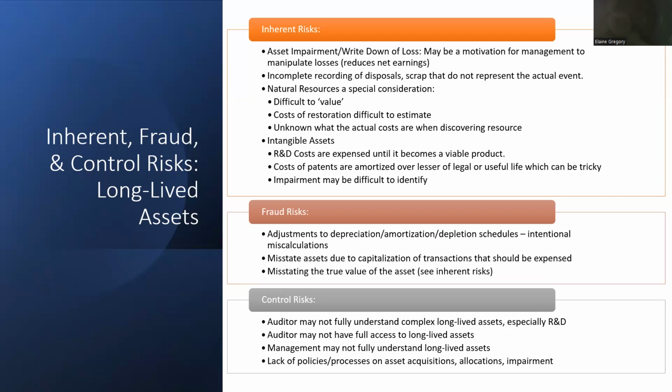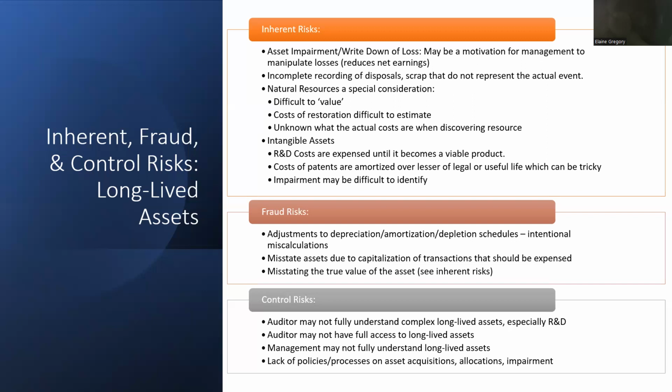We might be able to do some approximation with estimates as far as acres and how many trees per acre and how many acres would be harvested during a fiscal period, which might give you some indication of a rationale to an estimation. And we don't know what the actual costs are when discovering the resource.